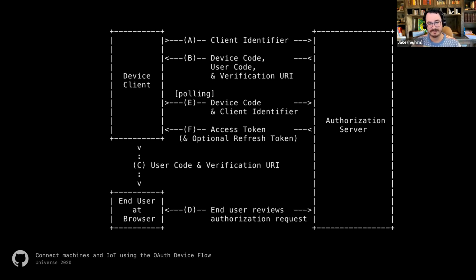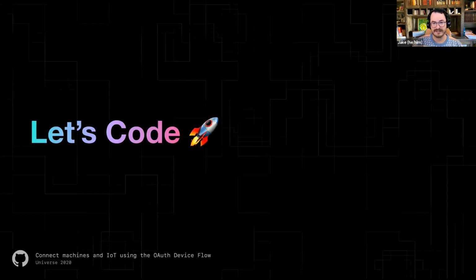The device starts this polling loop where we repeatedly request to GitHub, hey, has this user entered this code? Meanwhile, the user enters this code and authorizes the app to make these requests. Once that's finished, we get an access token and an optional refresh token. And I think that takes us to the end of our slides.